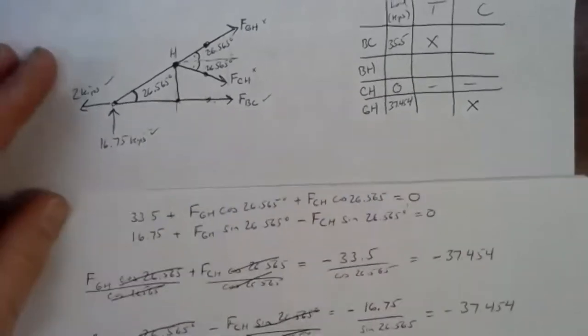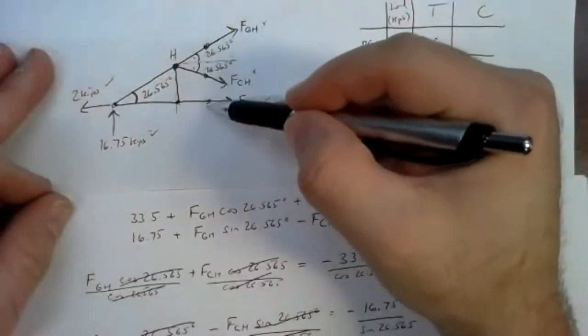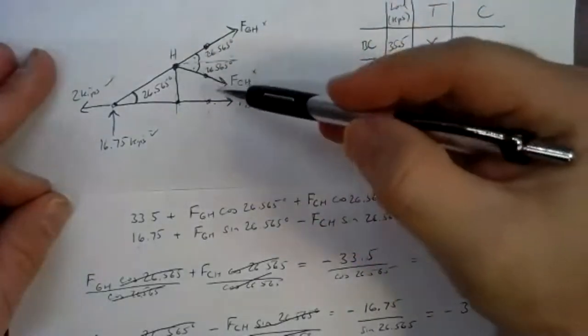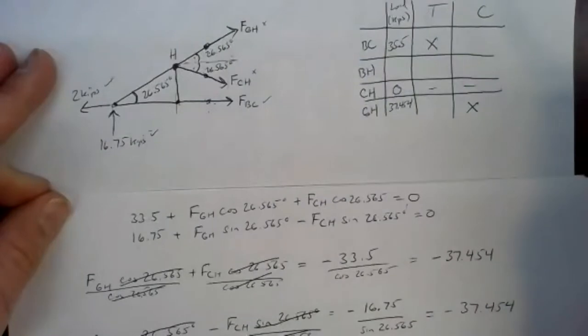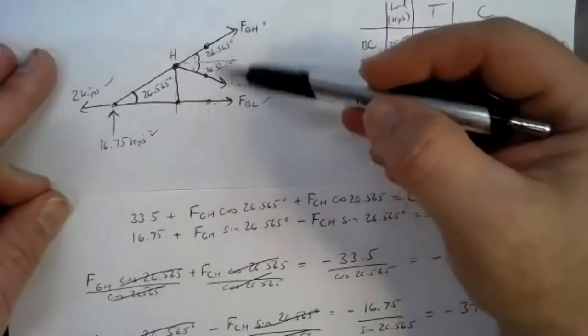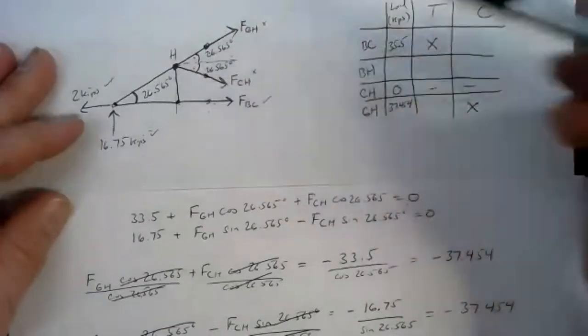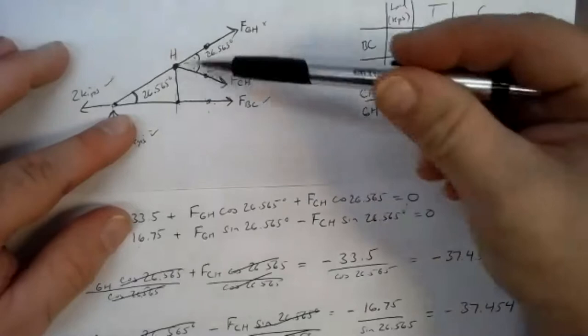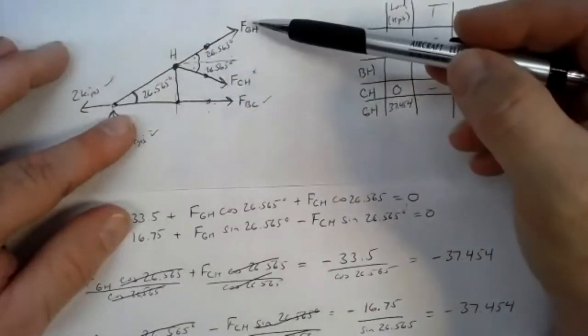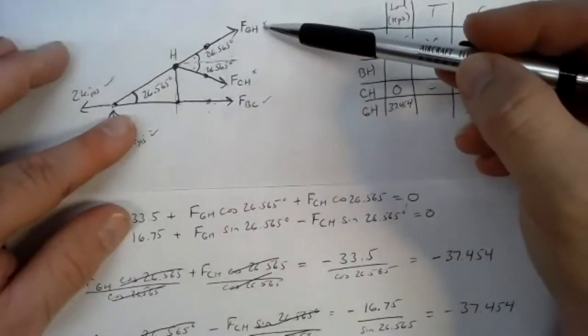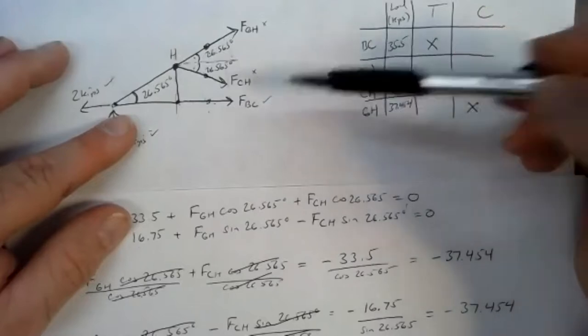So we figured out from our method of sections the three forces that were missing in our cut. We still have one more to get, but before we jump to that last one, anyone have any questions in getting the three unknown forces here? Remember GH, CH, or BC?